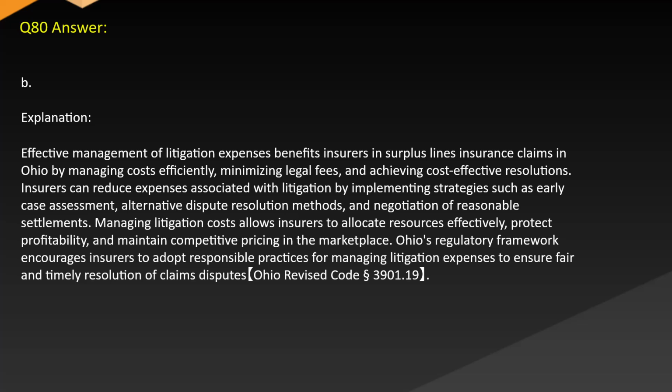Managing litigation costs allows insurers to allocate resources effectively, protect profitability, and maintain competitive pricing in the marketplace. Ohio's regulatory framework encourages insurers to adopt responsible practices for managing litigation expenses to ensure fair and timely resolution of claims disputes.